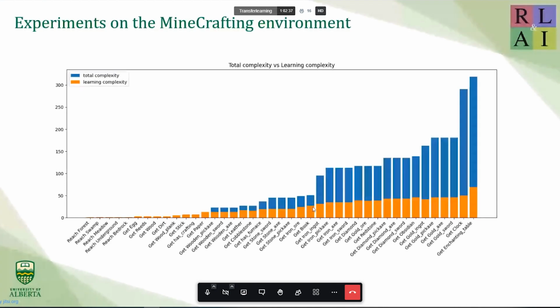And you can see that the difference is exponential with the depth of the tree of the recurrency. The higher your hierarchy is, the more exponential the total complexity will be, and that's not really the case for the learning complexity, which seems kind of linear.